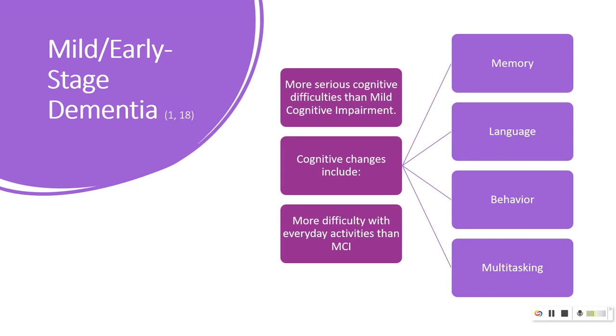We might start to see a little bit of behavior changes in the mild stages. And then there's multitasking. That person used to be a very good multitasker, and now we start to see that they have to have those tasks broken up into more simple tasks instead of the multitasking they used to do. So they start to have more difficulty with everyday activities than we would see in mild cognitive impairment.